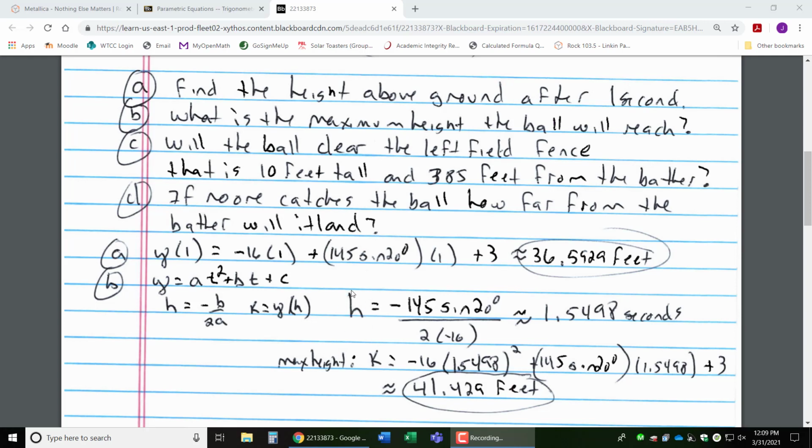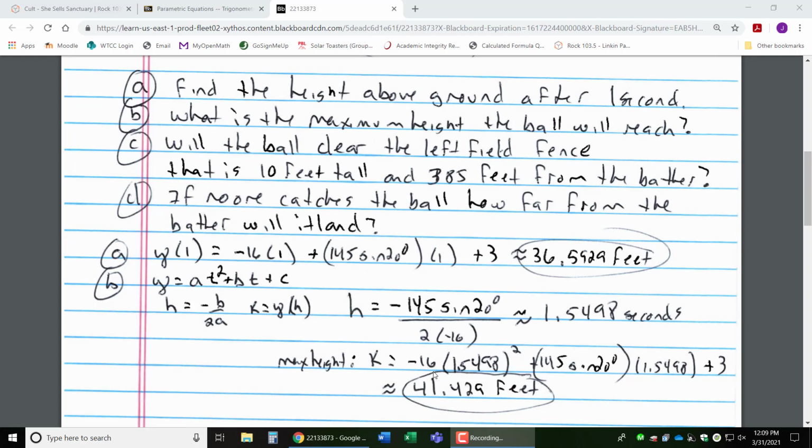So you solve for the H first, and you can see the A, B, C letters are the same A, B, C from your algebra class. So how long does it take until the ball reaches its maximum height? Negative b divided by 2a. You can see a little on the right there, and then type it in the calculator. And then take that number and we plug it into the y equation to get that maximum feet.